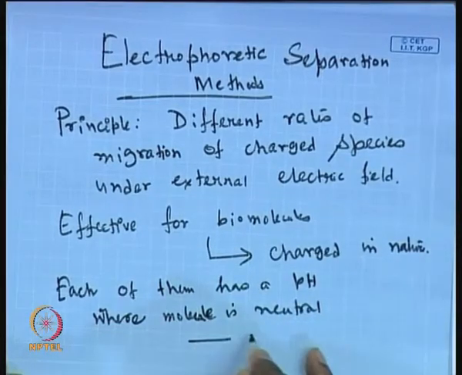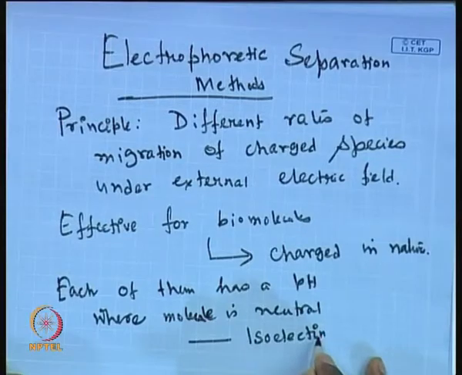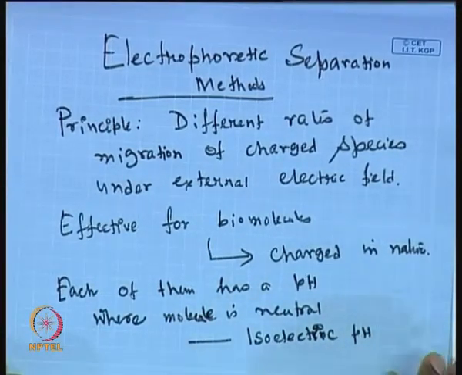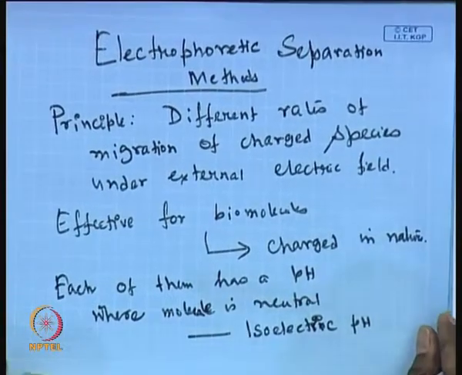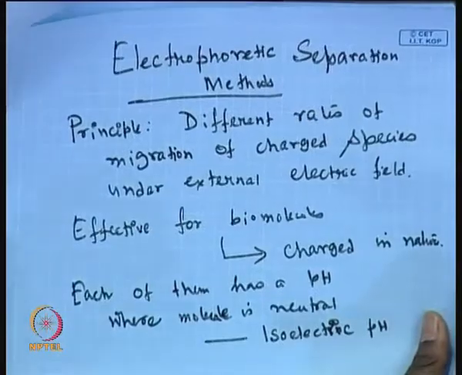That particular pH is known as the isoelectric pH. Now, one can control the operating pH by adding HCl or NaOH.